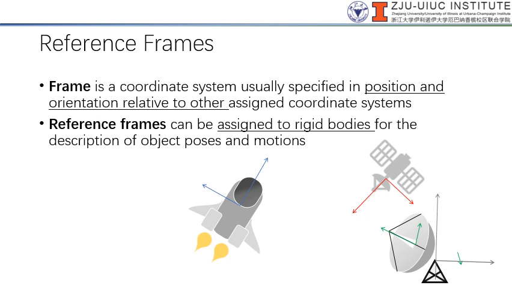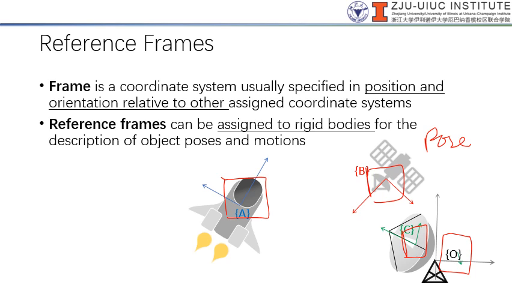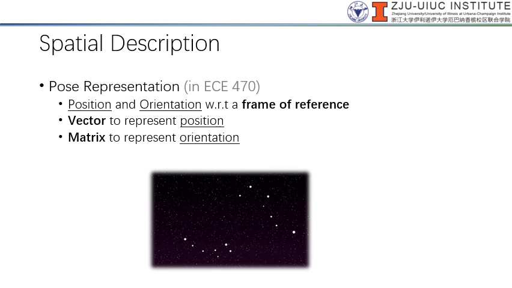You will see all these frames assigned to the rigid body that will help us to describe the pose of this rigid body with respect to probably a universal coordinate system like O that is considered something absolute and doesn't really change. Right, so when we talk about pose representation, we are really trying to describe the position and orientation, in this case with respect to a frame of reference.